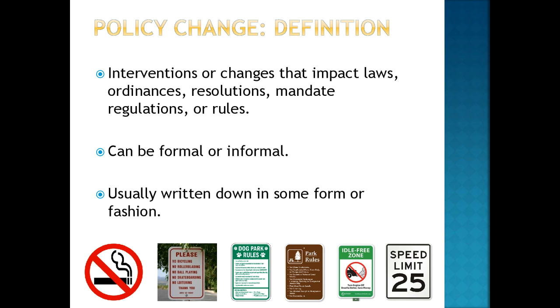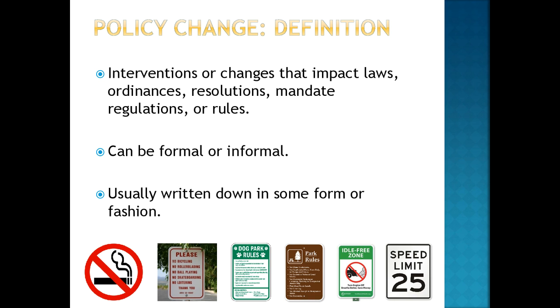It can be formal or informal. Sometimes there are informal policies that govern a workplace or the way things are done at an organization, but oftentimes these policies are very formalized. They're written down somewhere in some kind of manual or in a law, and that's the way we generally prefer it.